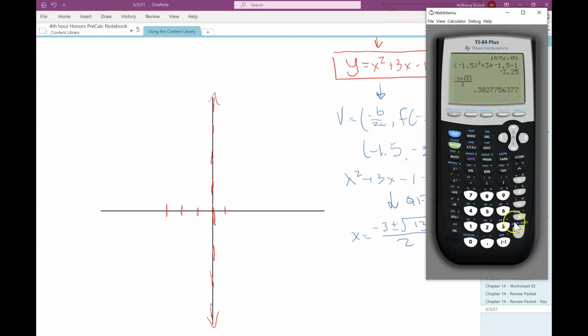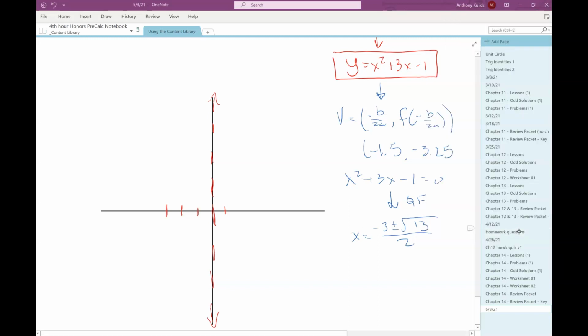So one of the values is negative 0.3. And then I'll just change that to a subtraction. The other is negative 3.3. Okay, so let's see, negative 1.5 and negative 3 1/4.